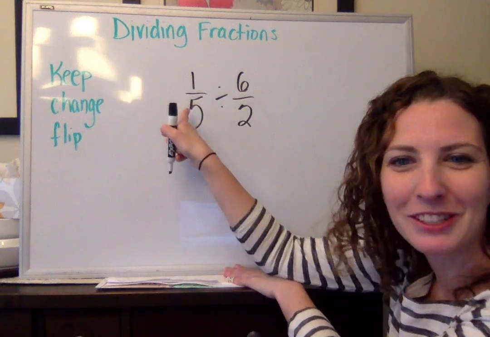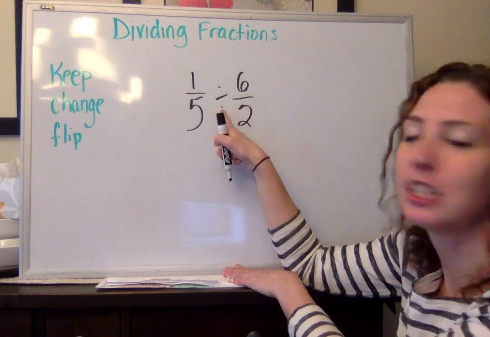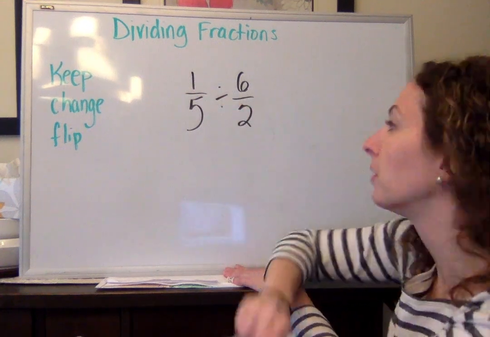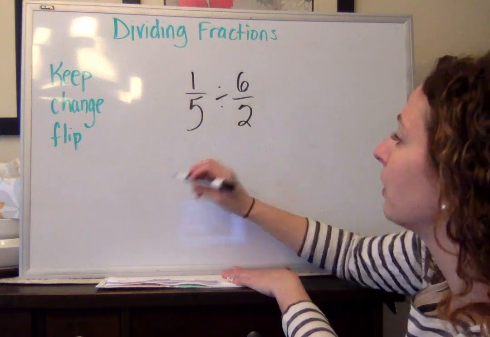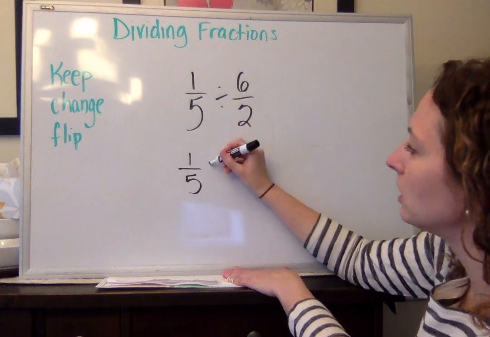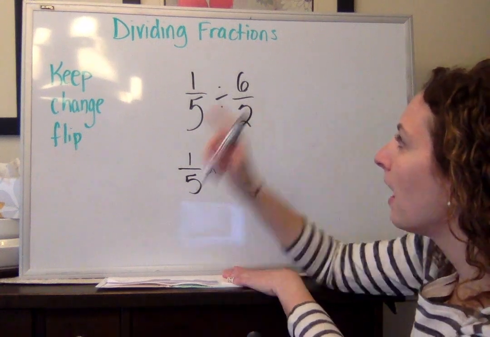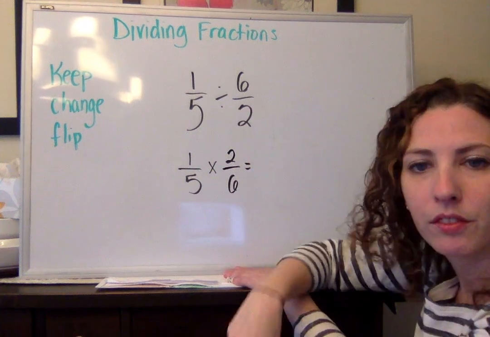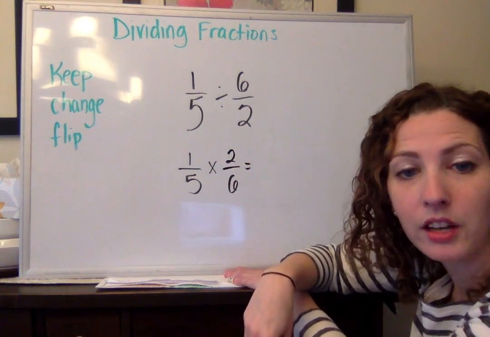Keep the first fraction the same, change your division to multiplication, and flip the second fraction. Okay, so let's try this one. If I'm keeping my first fraction the same, it's going to be 1/5 again. Change division to multiplication, and flip my second fraction. That's all you're doing for dividing fractions.